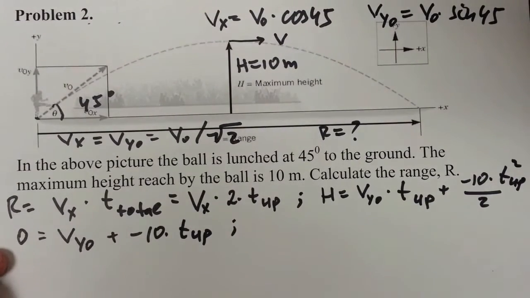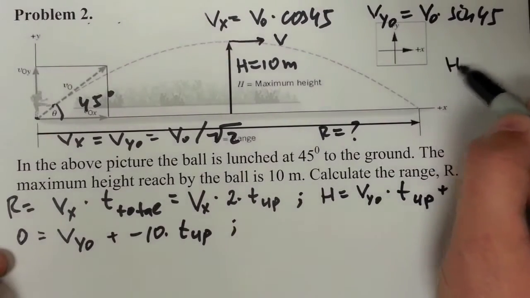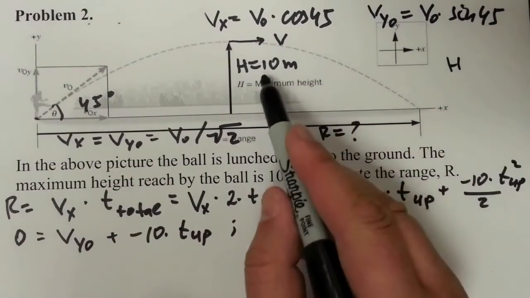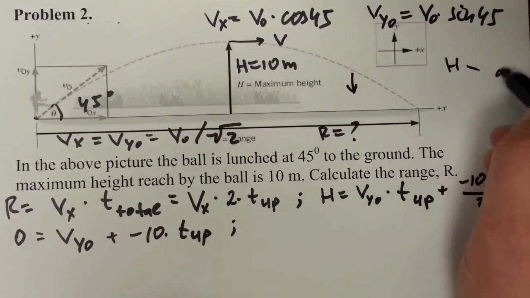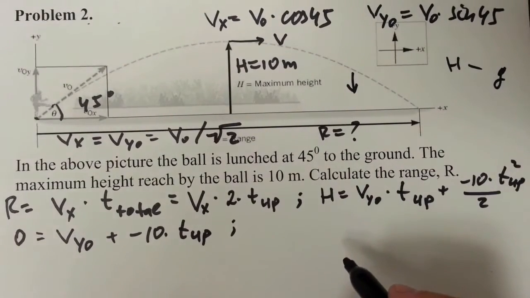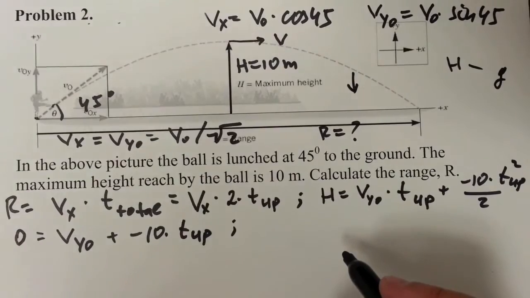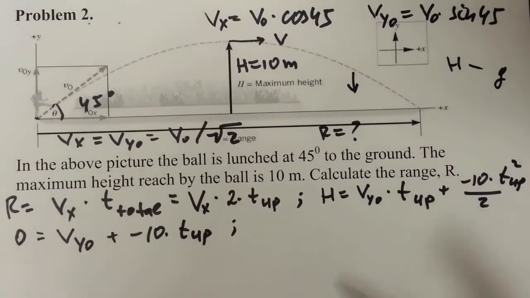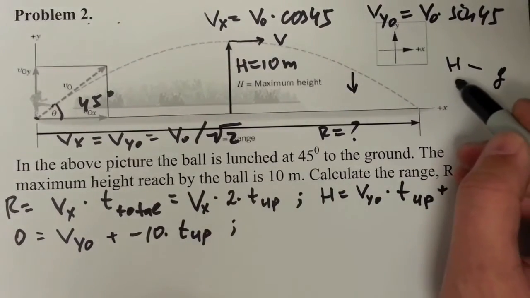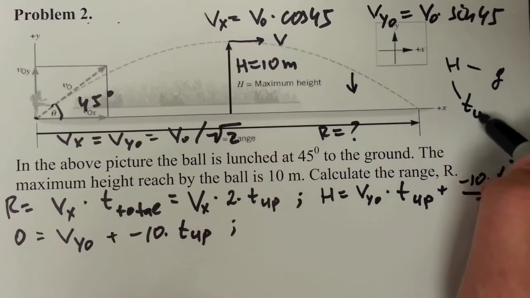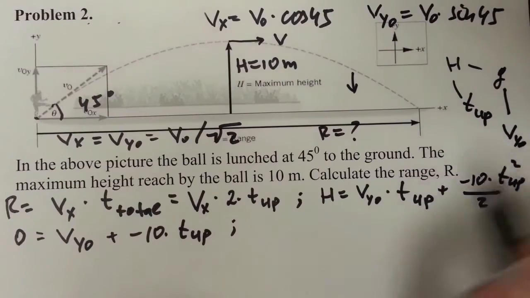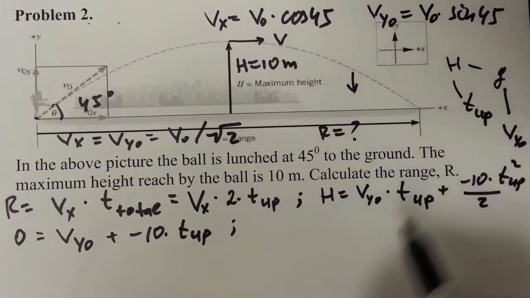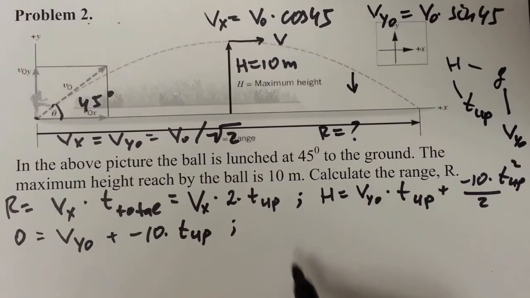So what we really need is an equation which relates the height, because we know it, the acceleration due to gravity, because we know it, and, well, one of these variables, time up, or the initial component of vertical velocity. And, well, this equation doesn't work.